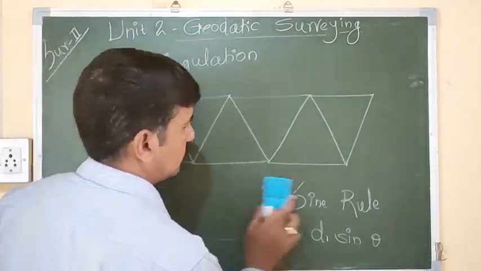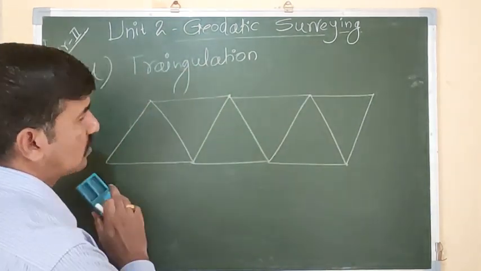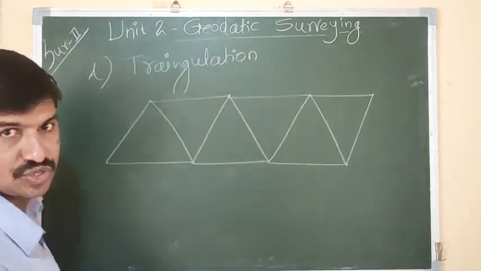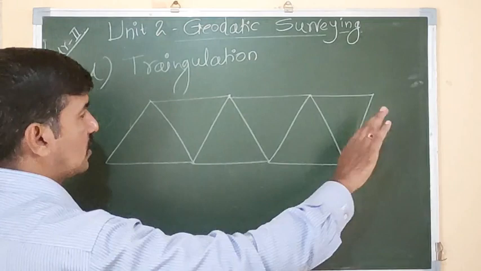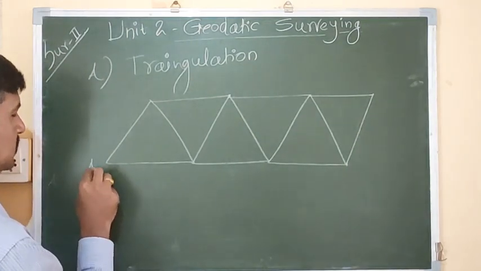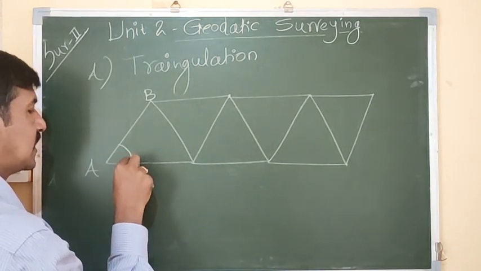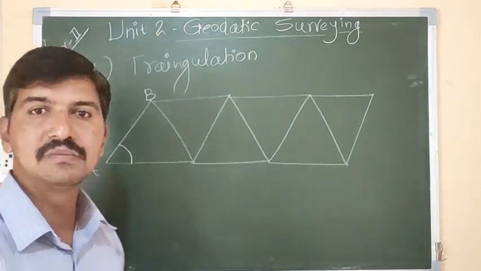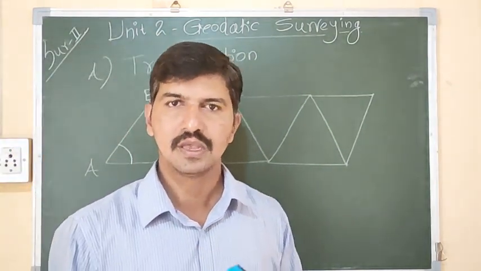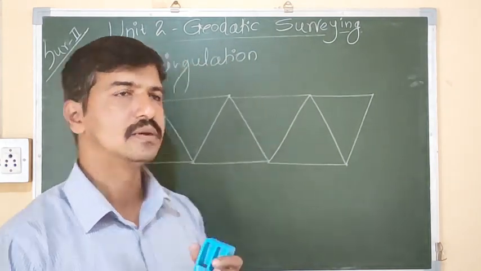In a triangulation, a number of triangles are connected with each other, and in these triangles, one side, suppose AB, distance D1, and the first angle, say angle A, theta, is precisely measured by using an advanced instrument.